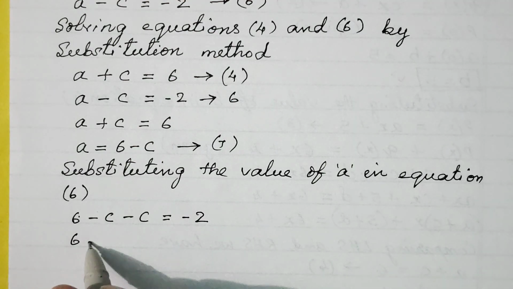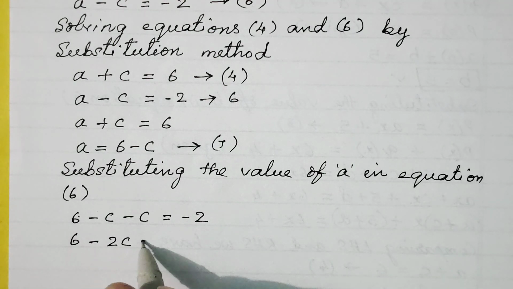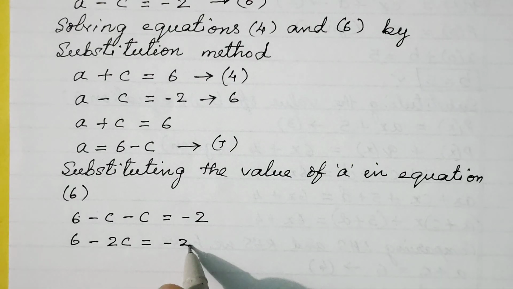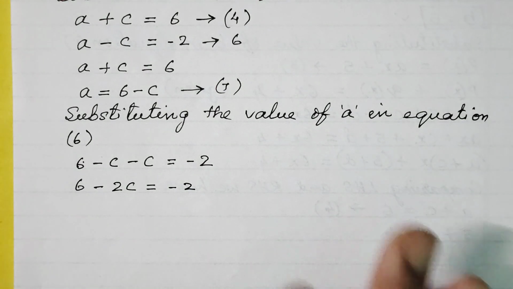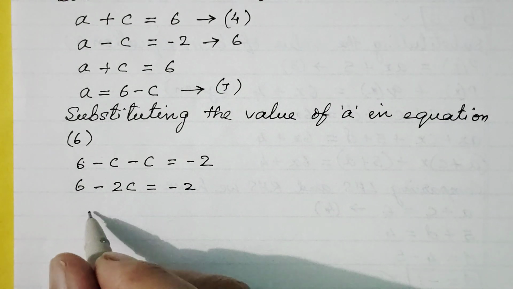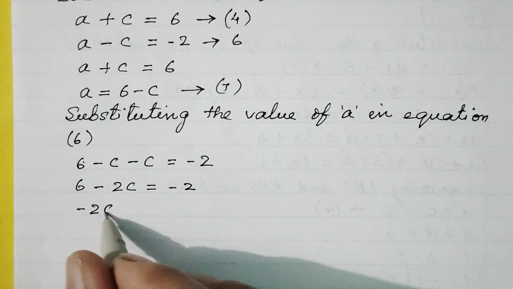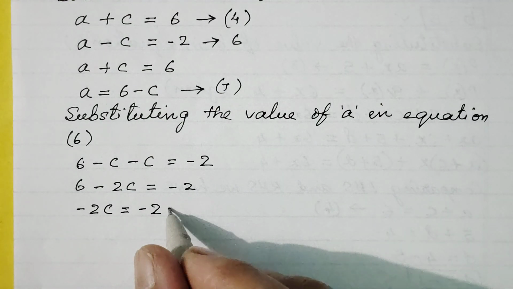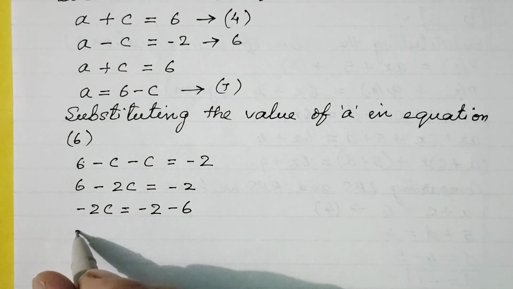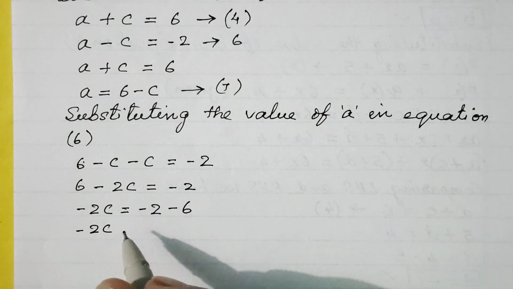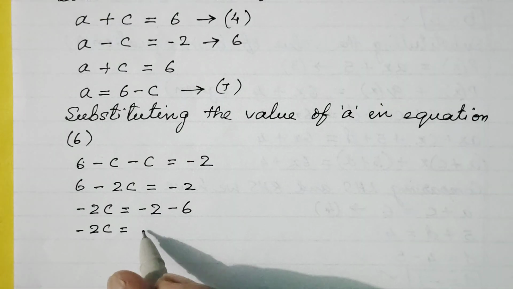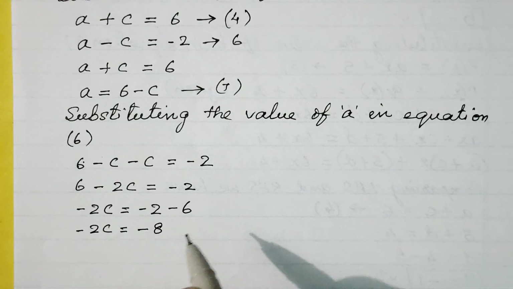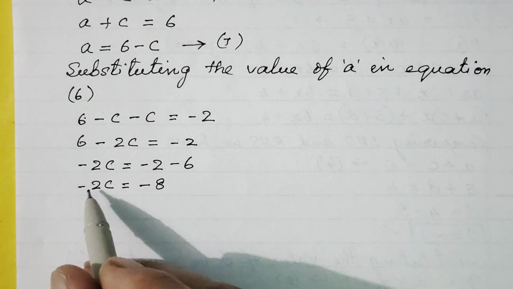So 6 minus 2c equal to minus 2. So minus 2c is equal to minus 2 minus 6. So minus 2c is equal to minus 8. So I can cancel the minus from both sides.